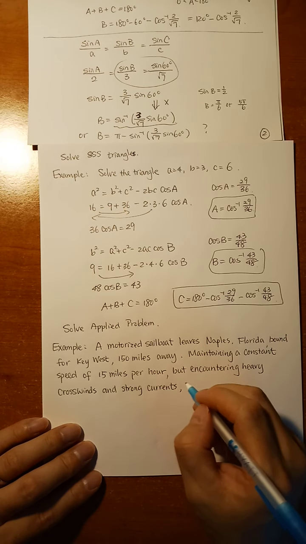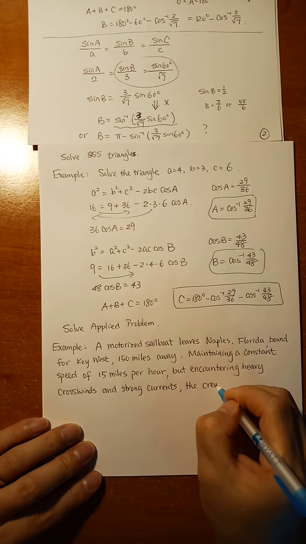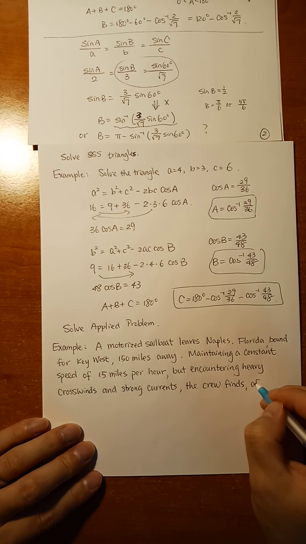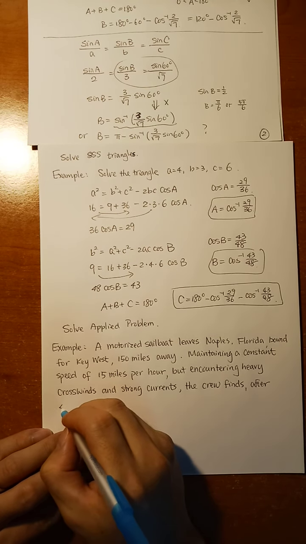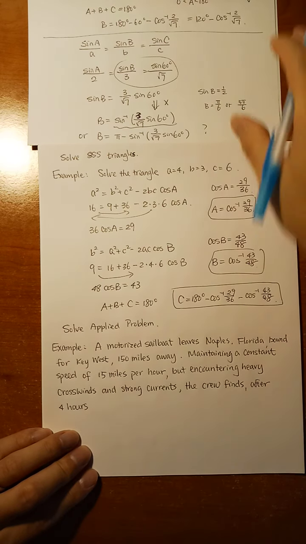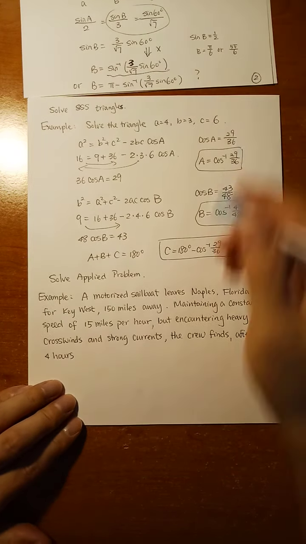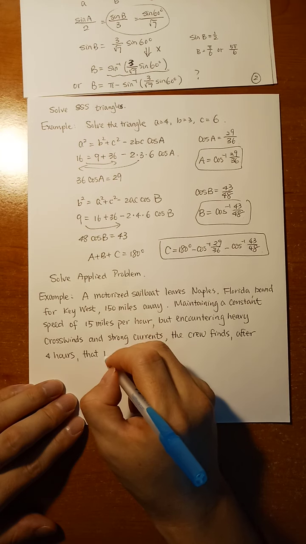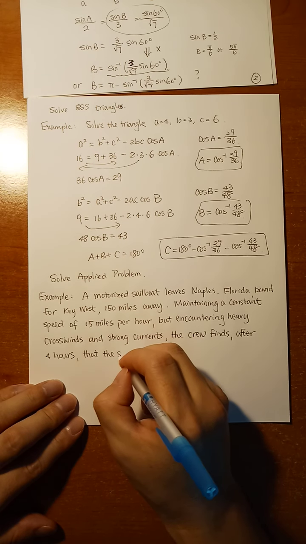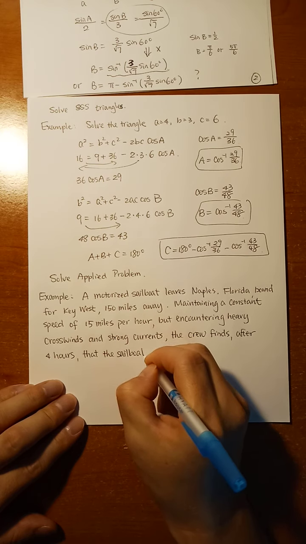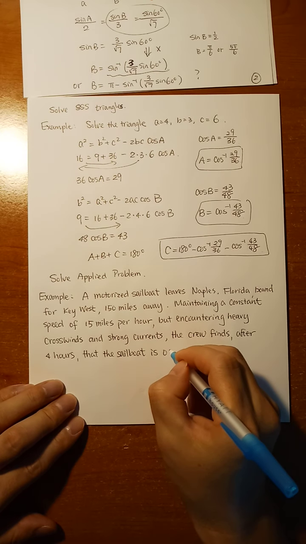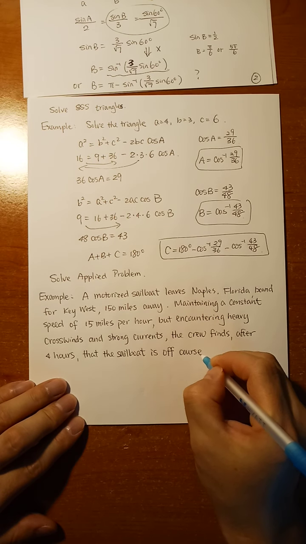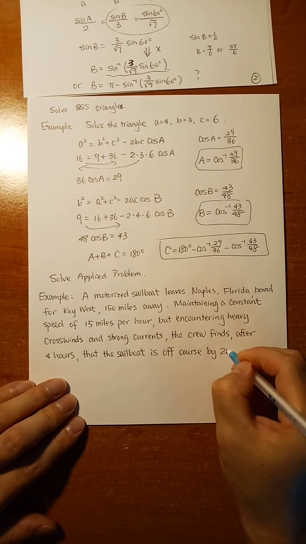The crew finds after 4 hours that the sailboat is off course by 20 degrees.